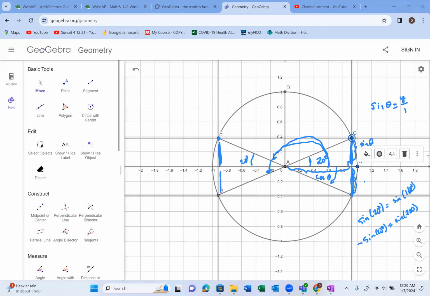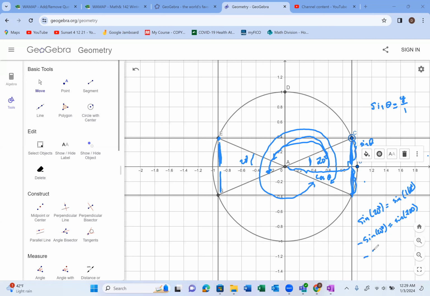And so what we refer to is that all of these angles have a 20-degree reference angle. If you can relate it back to the first quadrant, a 20-degree angle. All of these 4 angles, there are 4 of them all together, maybe even more if you want to look at it.